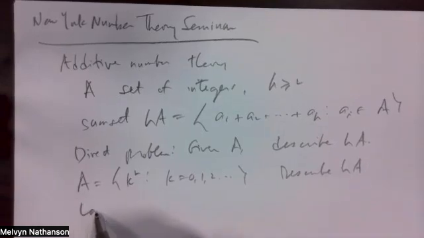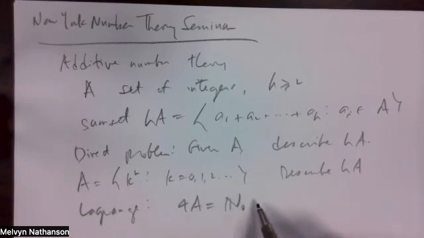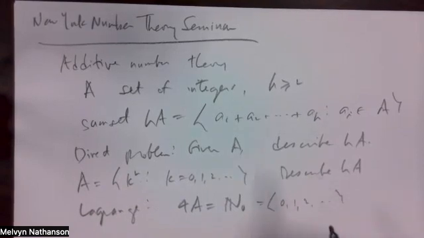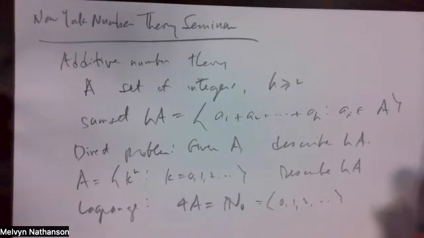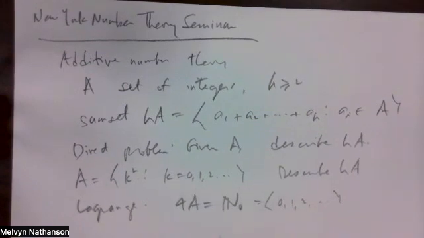And the archetypical theorem in the subject is Lagrange's theorem, which says that for A equal to the squares, with N naught the non-negative integers, the classical theorem that every number is a sum of 4 squares says that if you take the squares, the fourfold sums are N naught.